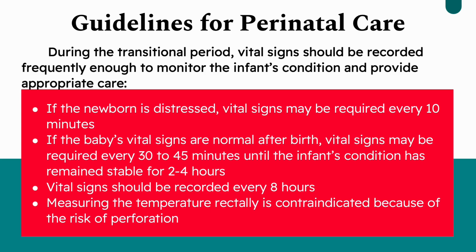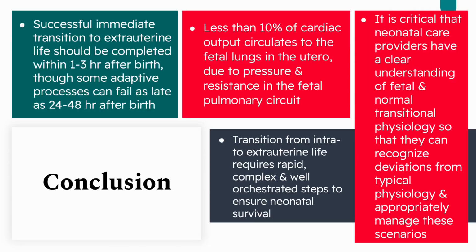In conclusion, successful immediate transition to extrauterine life should be completed within 1 to 3 hours after birth. Although some adaptive processes can fail as late as 24 to 48 hours after birth, less than 10% of cardiac output circulates to the fetal lungs in utero due to the pressure and resistance in the fetal pulmonary circuit.